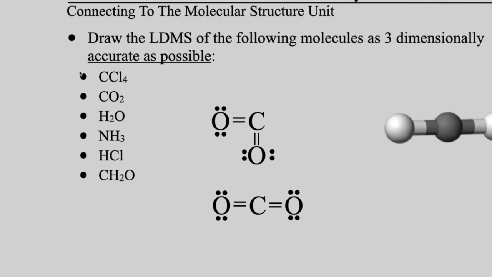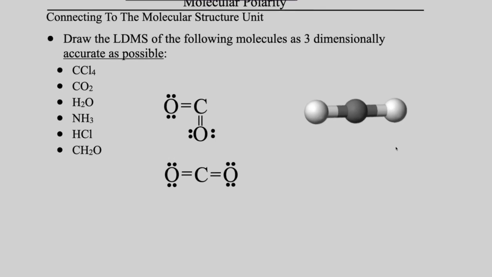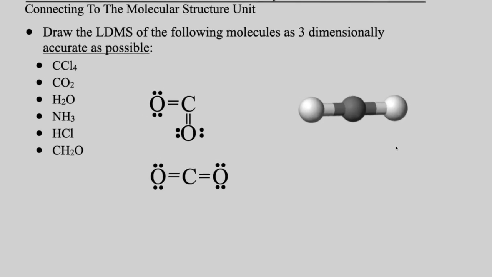So guys, the new layer this day is that we are going to draw our Lewis dot structures as three-dimensionally accurately as we possibly can. And so once we're done drawing the Lewis dot structure, if we realize that we could do a better three-dimensional job, we're just going to redraw it. Is that okay?